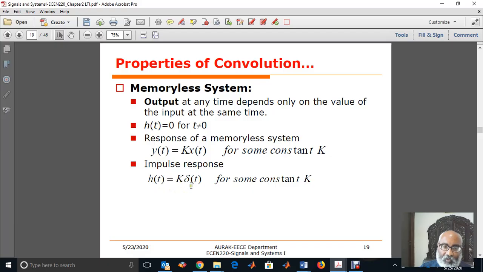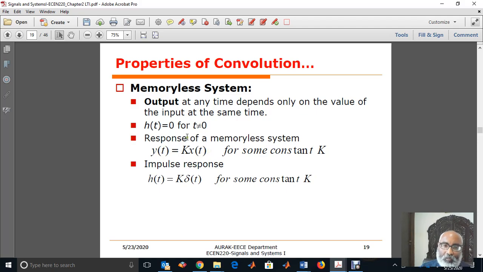That means x of t convolved with k times delta of t, but delta of t convolved with x of t is equal to x of t itself. So the output becomes k times x of t. That means the output at time t depends on the input at time t, which makes it memoryless.